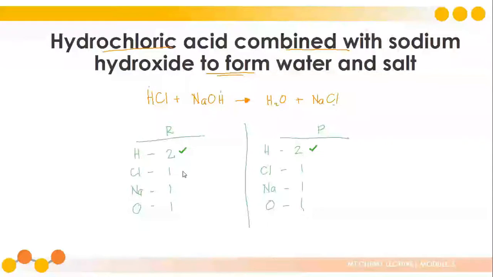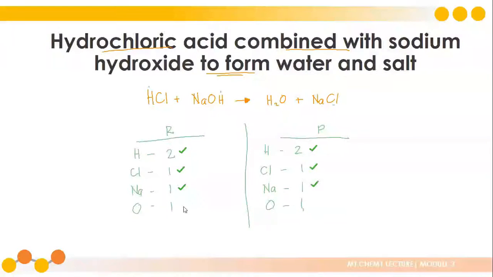Let's now proceed with chlorine. For the reactant side, we have one. And then for the product side, we also have one. And then continuing to sodium, we have one molecule of sodium for the reactant side, and we also have one molecule of sodium for the product side. Next, oxygen.